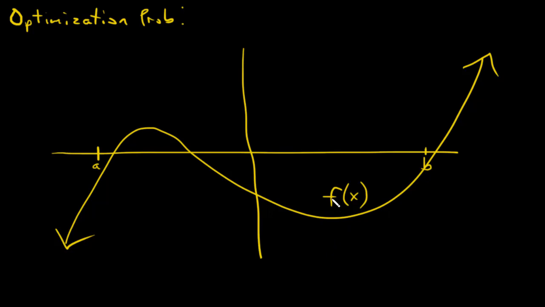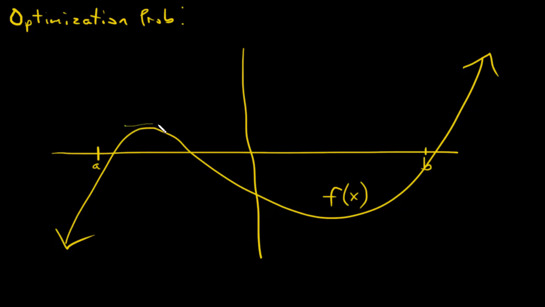Alrighty. And let's say I wanted to know what the minimum and maximum value between a and b on that interval for f of x is. How would I find the minimum and maximum value on this interval? Well, I'm going to look for the critical numbers where I have mins and maxes, right?